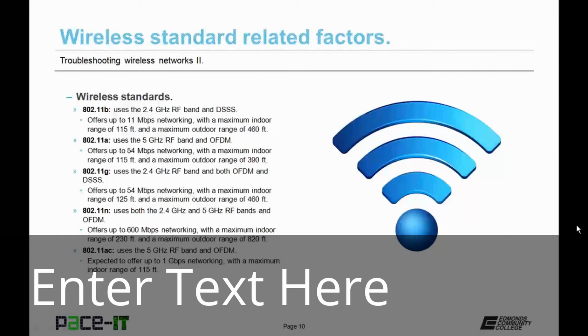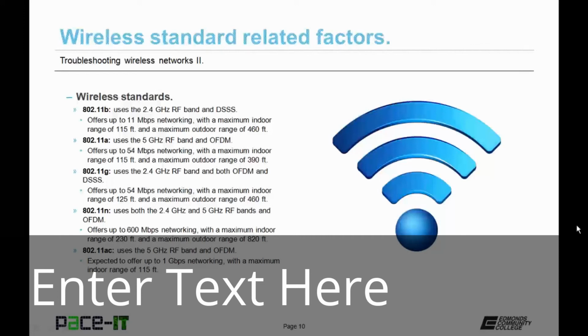Then there's 802.11g. It uses the 2.4 GHz RF band and it can use both OFDM and DSSS as its methods of modulation. .11g offers up to 54 megabits per second networking with a maximum indoor range of 125 feet and a maximum outdoor range of 460 feet.